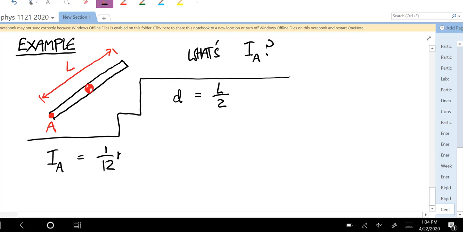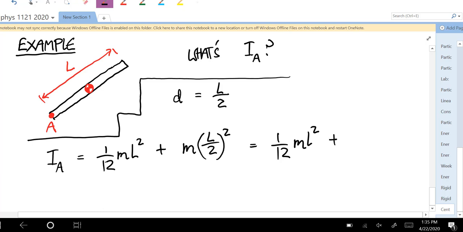That's 1/12 times the mass times the length squared, plus, using the parallel axis theorem, the mass times d squared. Okay, so that's 1/12 mass L squared plus mass times L squared over 4.